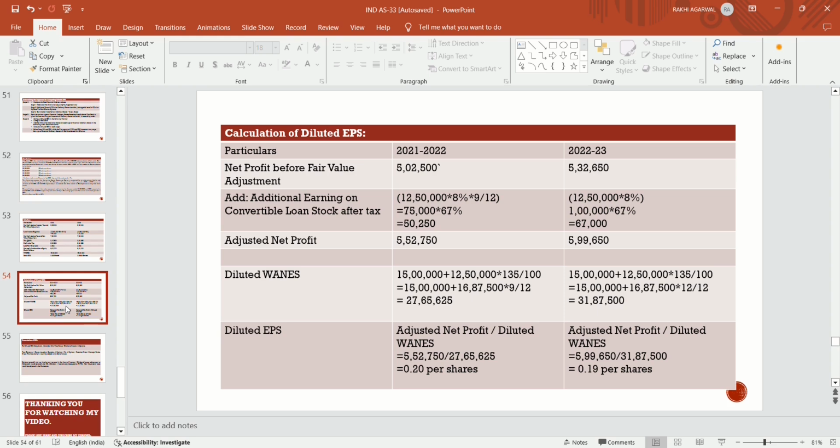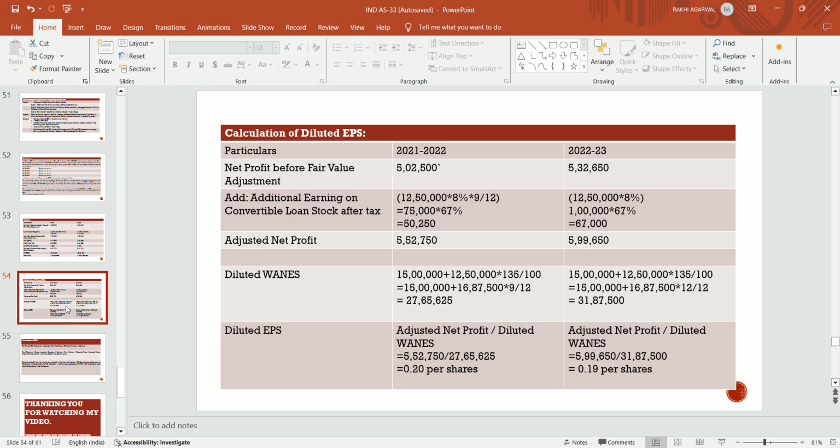Diluted EPS becomes adjusted earnings divided by diluted shares: 5,52,750 divided by 27 lakh 65,625. It becomes 0.20 per share. For 22-23, net profit before fair value adjustment is 5,32,650. Additional earning on convertible loan stock after tax is 12,50,000 at 8% into 67%, the after-tax rate.